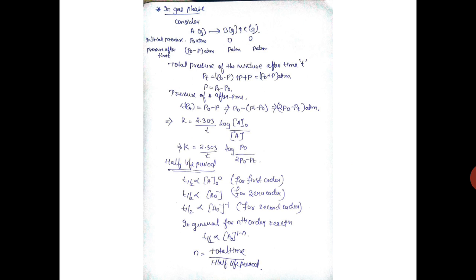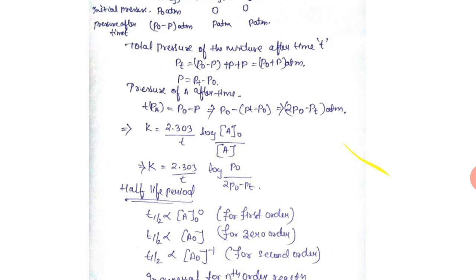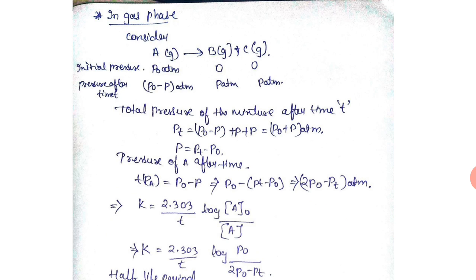So regarding the pressure integration, if A gives B plus C in the gas phase, the initial pressure is P naught atmosphere, and B and C have no pressure initially.